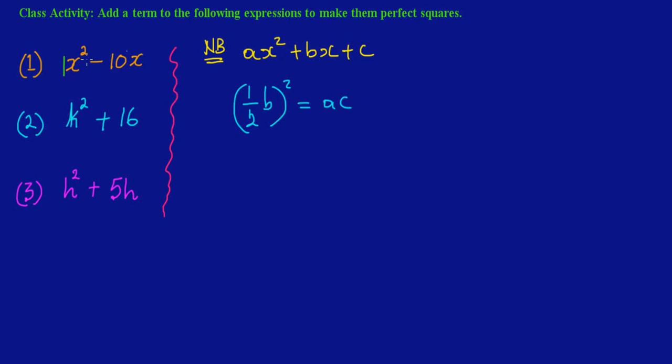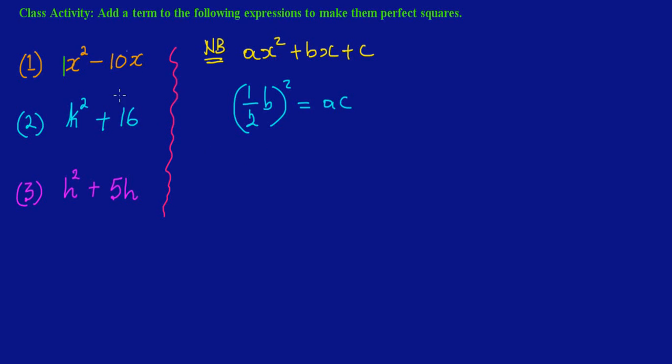In this case we are given the first term, the x squared term, and we are given the b. So we are given ax squared here and we are given bx here. However, the c is missing, so we're going to substitute our values and then solve for c.